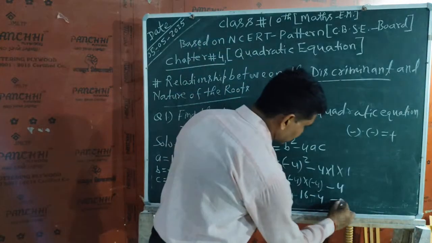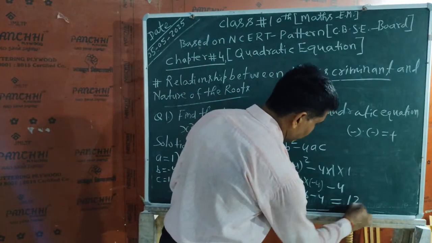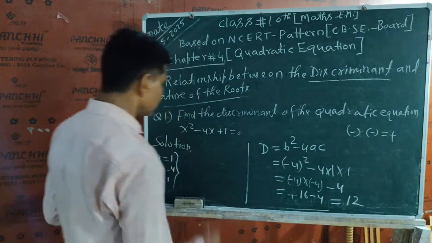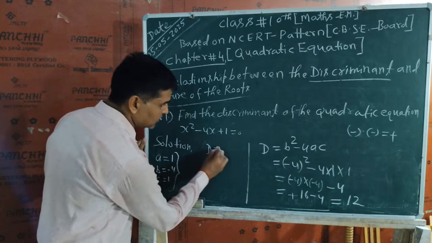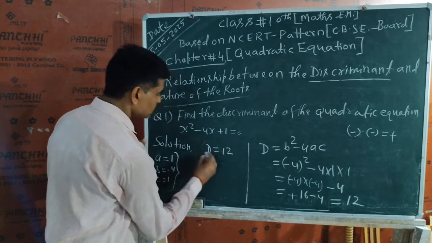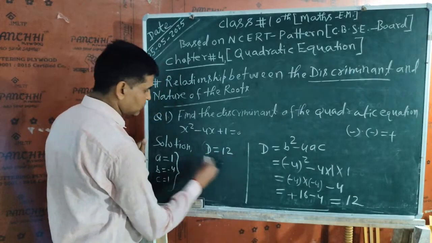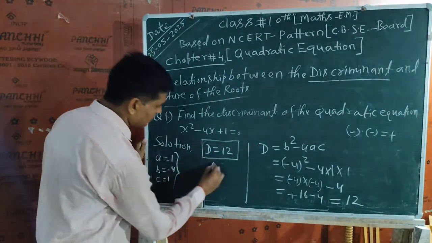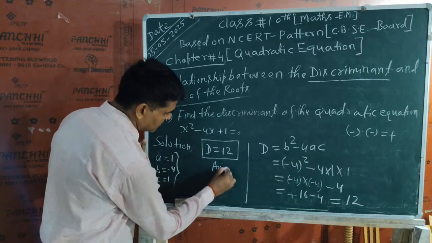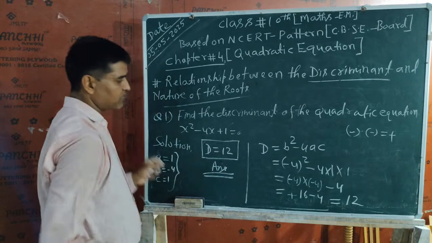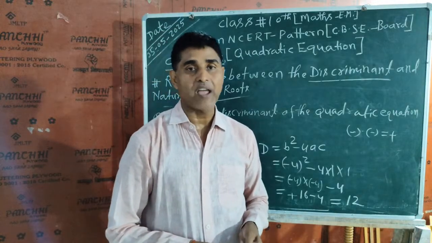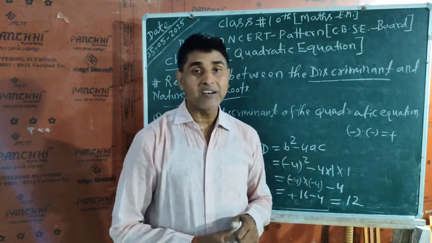After subtraction I get 12. In other words, the value of D is equal to 12. So this is the answer of the given question. This is very easy. You have to find it for the given quadratic.